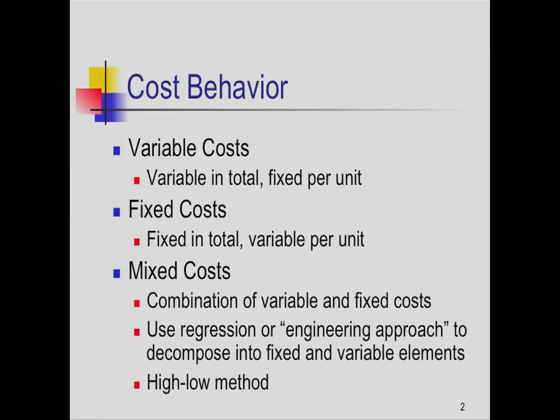At the other end of the spectrum, in terms of cost behavior, we have fixed cost. Fixed costs remain the same in total, even given an activity change. Same example: you're a bicycle manufacturer, and you don't own your factory, you rent it.